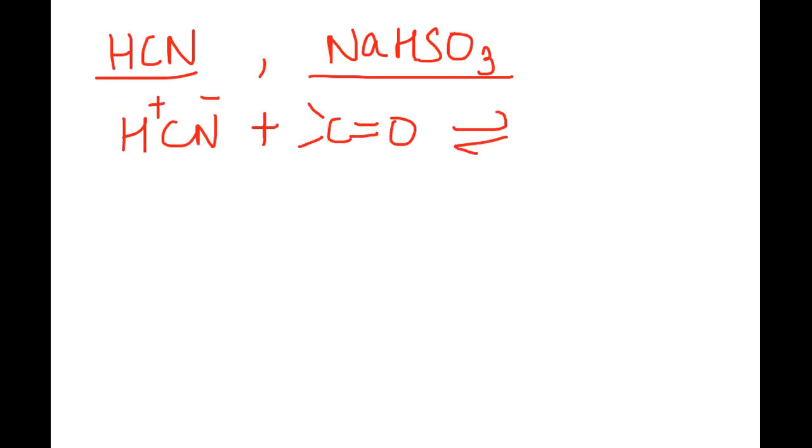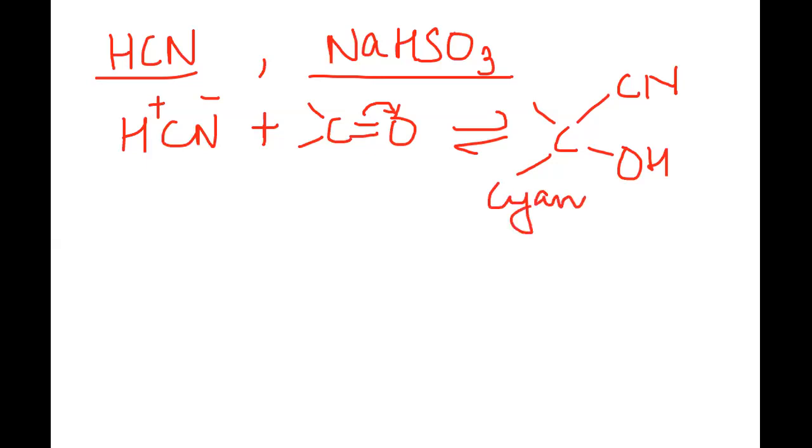These electrons of the pi bond will move to this oxygen, and therefore what you are going to get is a C, and this O, which has now got a negative charge, will accept a hydrogen, and this one is going to change into an addition of a CN. Such addition compounds are called cyanohydrins.